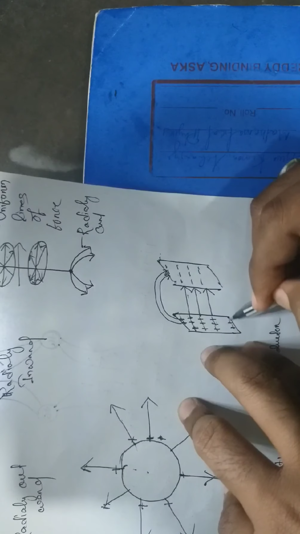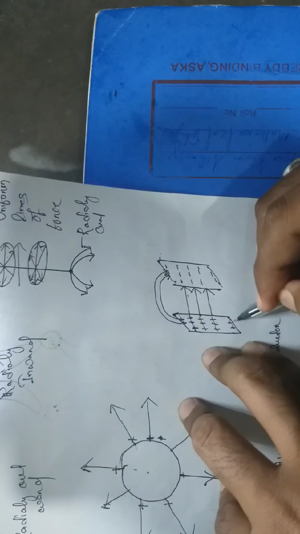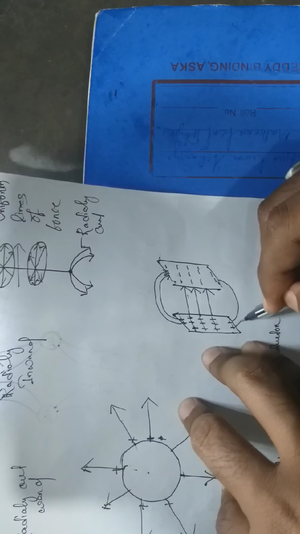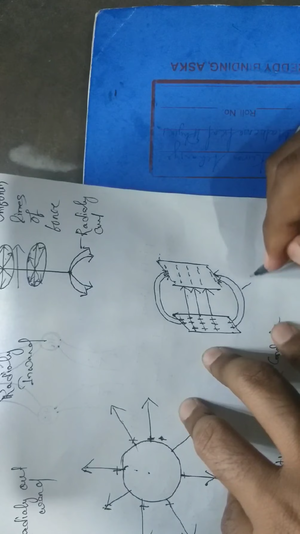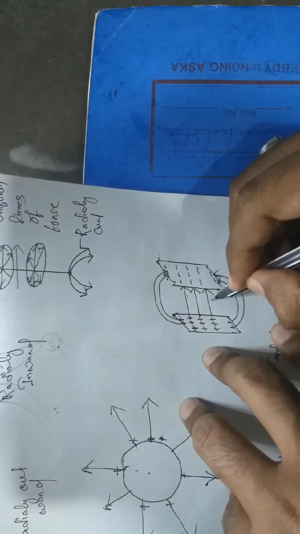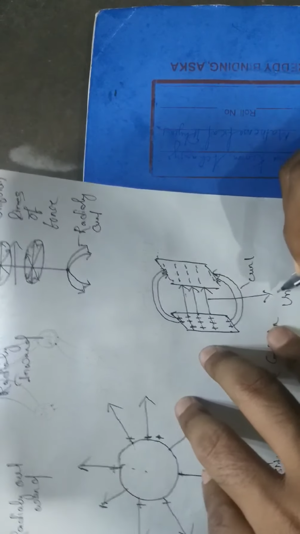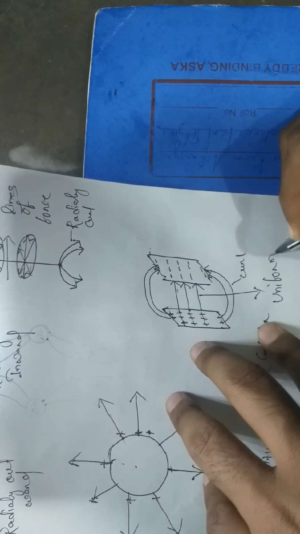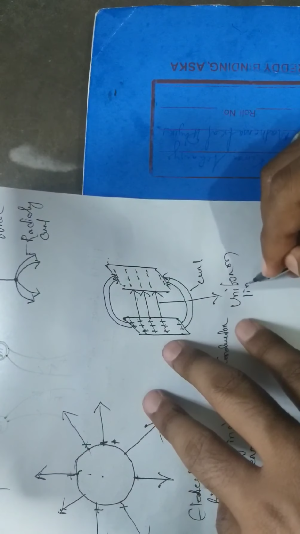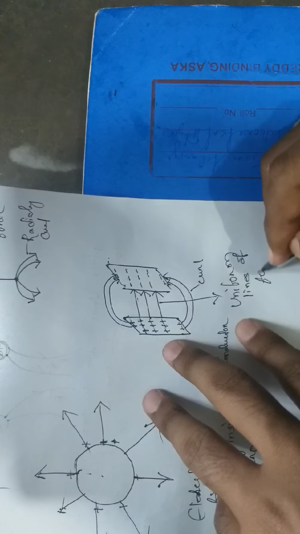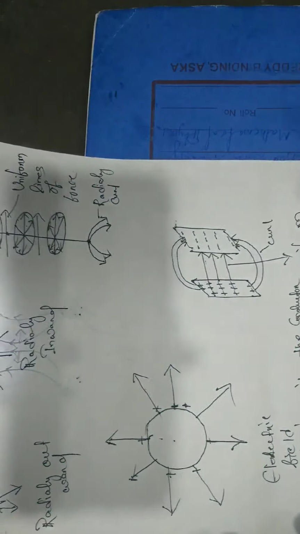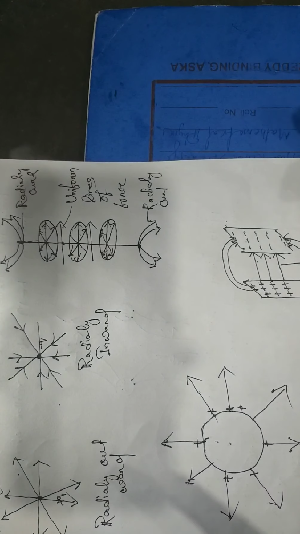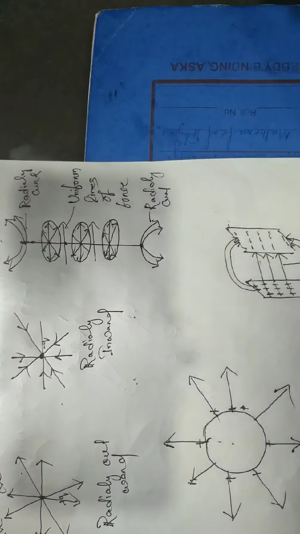The same thing happens with the below charge. Okay, so curl, uniform. This is the overall concept of electric field lines due to distribution of charges. Okay, thank you.